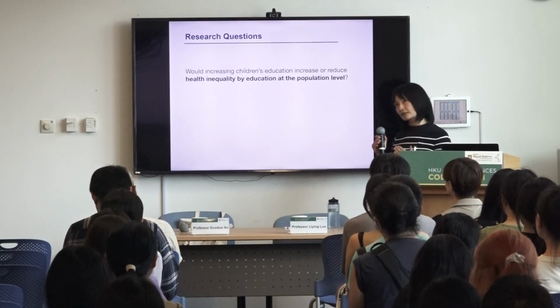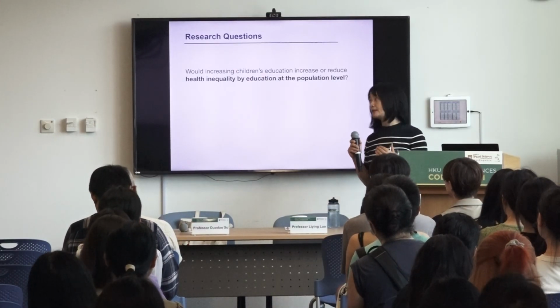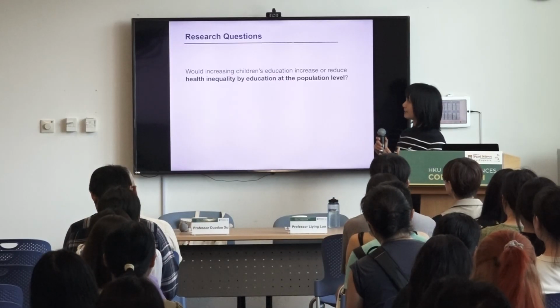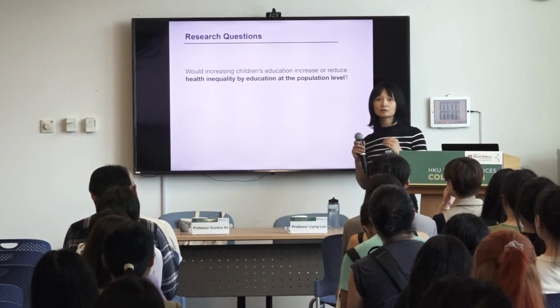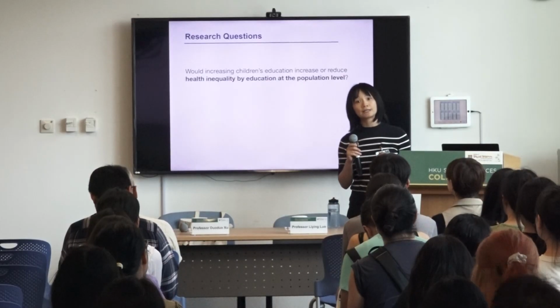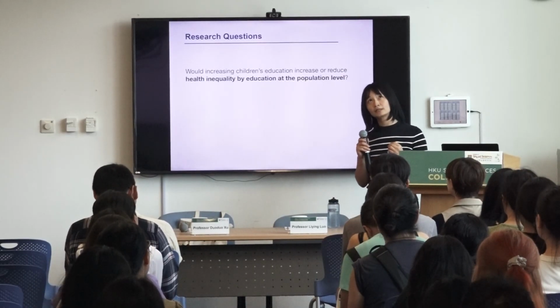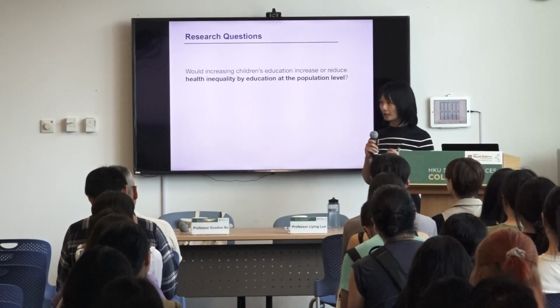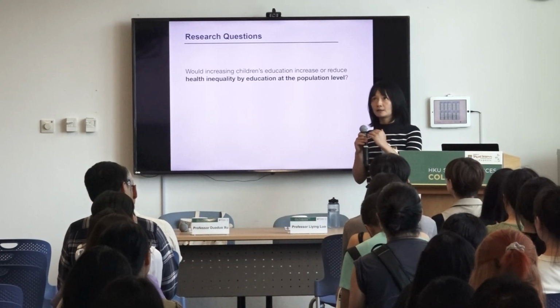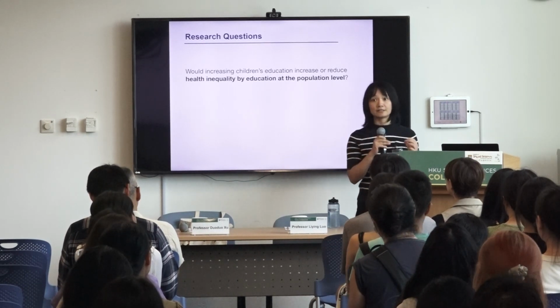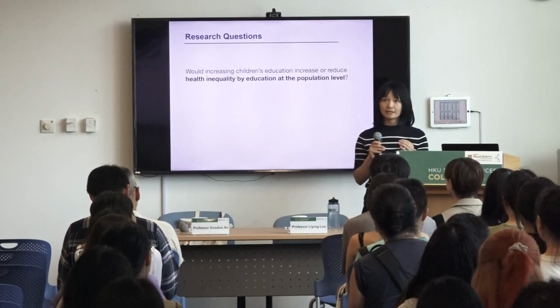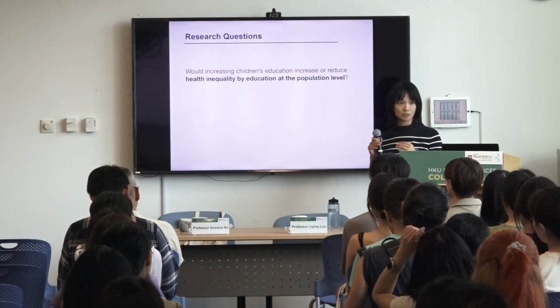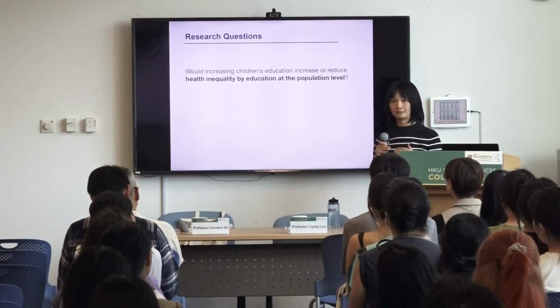So there are several ways to think about whether the health inequality by education among parents would increase or decrease. If children's education provides more health benefits to parents from disadvantaged backgrounds, then the health disparity by education among parents will be reduced.